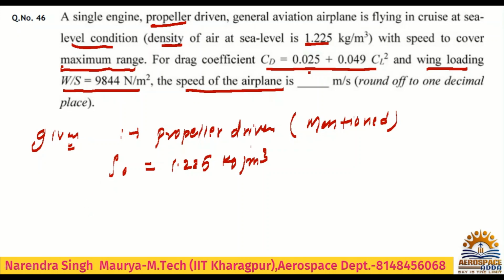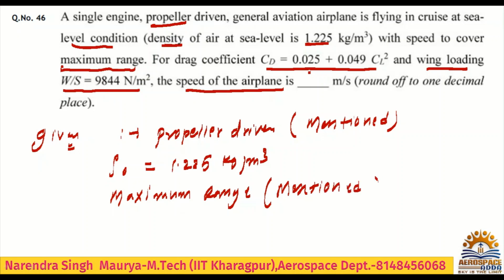It is propeller driven, and another given in the given data we can also write maximum range, it is mentioned. In your problem this is also very important. Two statements, based on this we have to solve the problem.